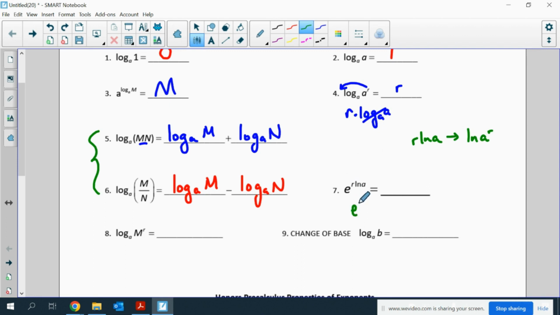So I'm going to rewrite this as e to the natural log of a to the r. And e to the natural log, those are inverses, so those go away. So I basically just end up with a to the r.